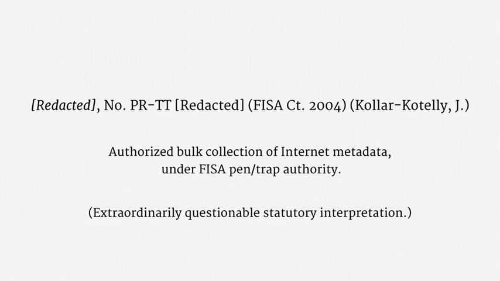The ECPA and FISA pen trap provisions are very similar, and their drafting strongly suggests they're both about targeted surveillance. There are all sorts of statutory hints, including references to specific persons and specific communication systems. And, of course, both ECPA and FISA require that information be relevant. The mere relevance standard is low, to be sure, but it still doesn't cover everyone.